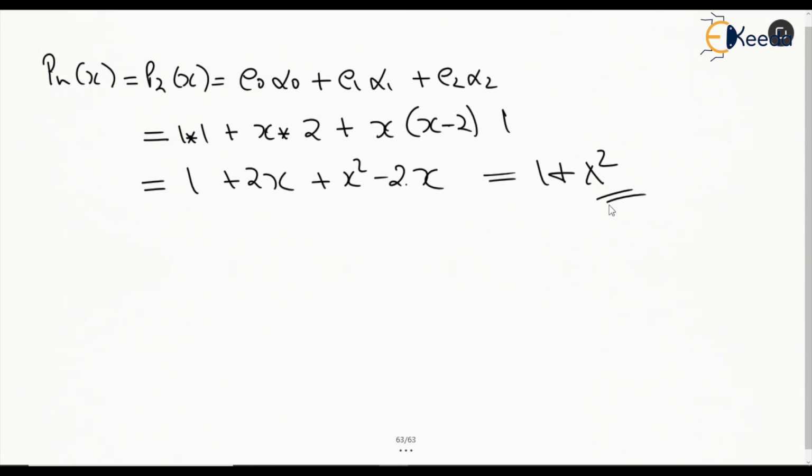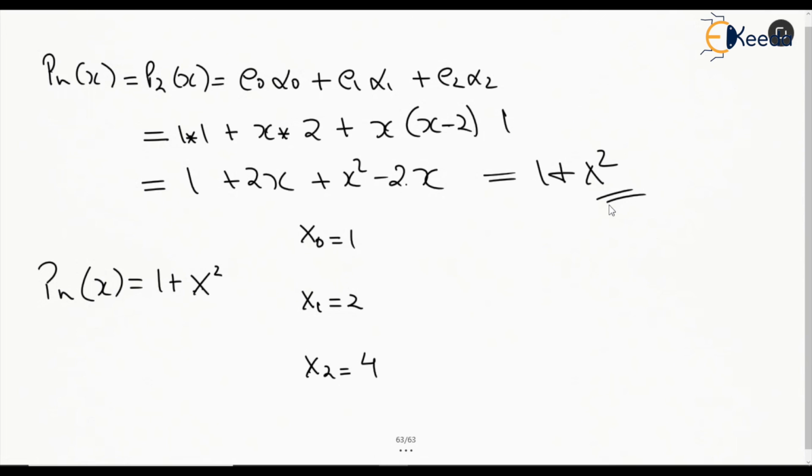In both the cases we can see that we have got the polynomial to be 1 plus x square, and the data values should give the value of interpolation. So let's see, x naught is equal to 1, x1 is equal to 2 and x2 is equal to 4.